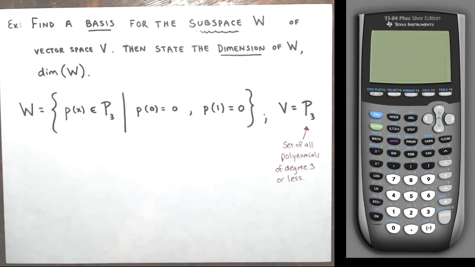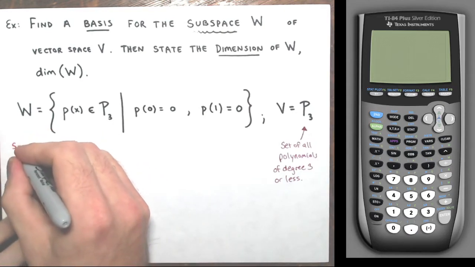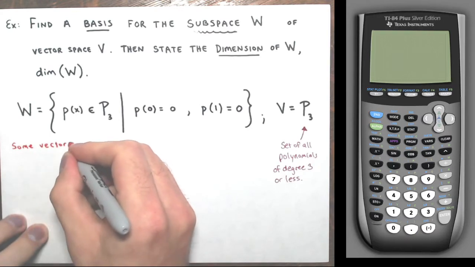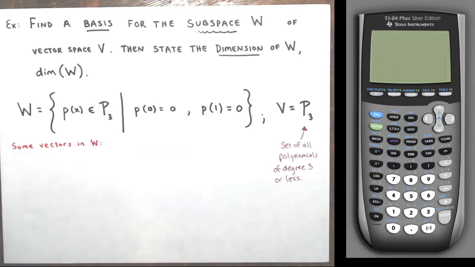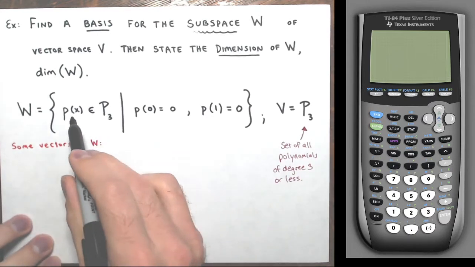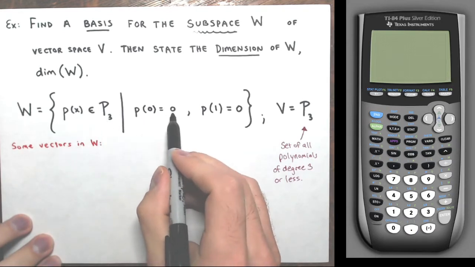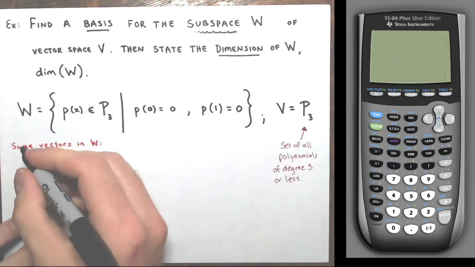But let's see if we can find some examples of vectors in W before I go find a basis for it. So again, they're just polynomials with degree 3 or less, such that when I plug in 0, I get 0 as an output. When I plug in 1, I get 0 as an output.